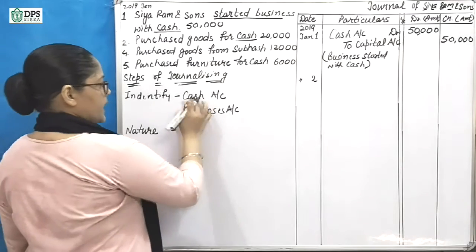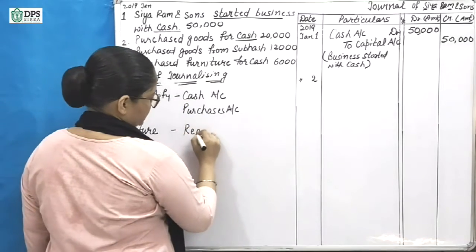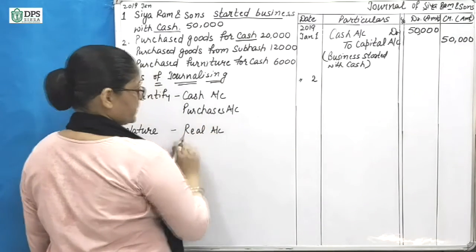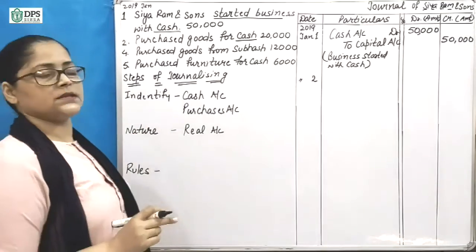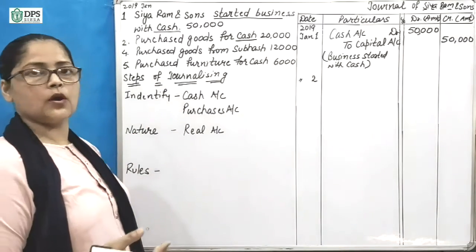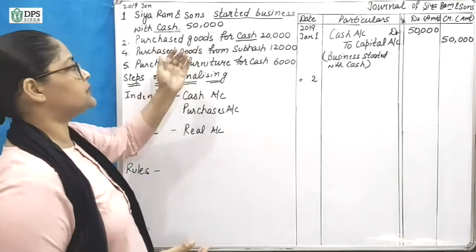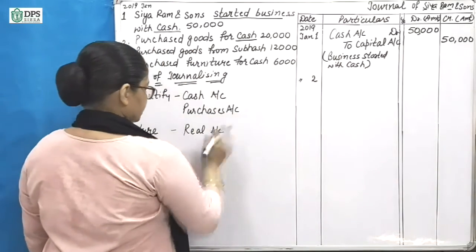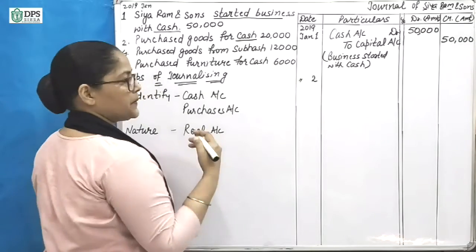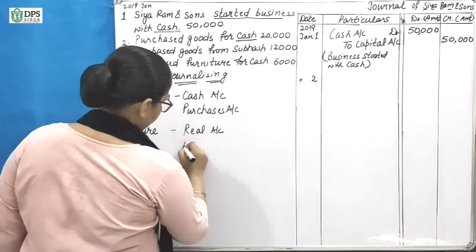First of all cash, real account, because it is an asset. Now purchases, it is an expense, because we are purchasing goods. So it is an expense, and expenses belong to nominal account.